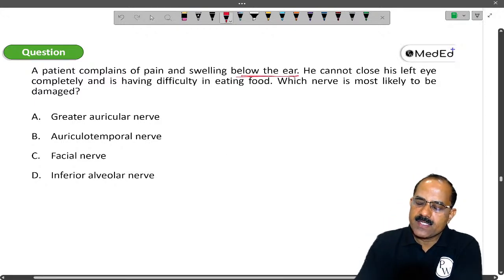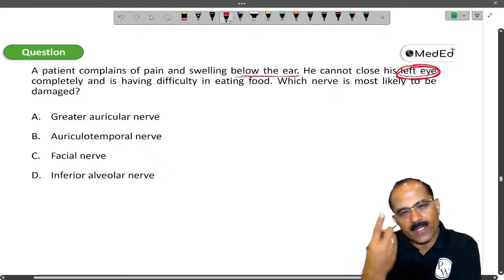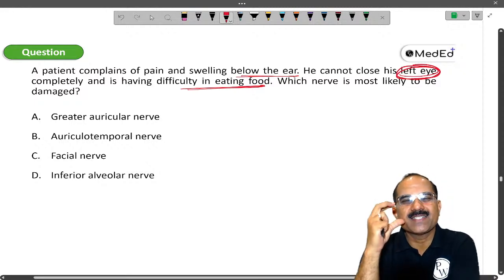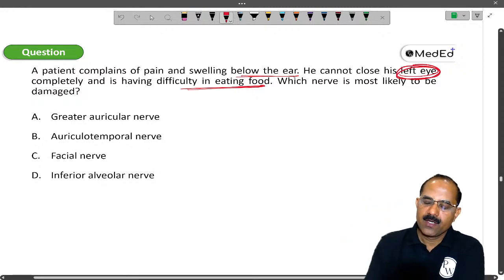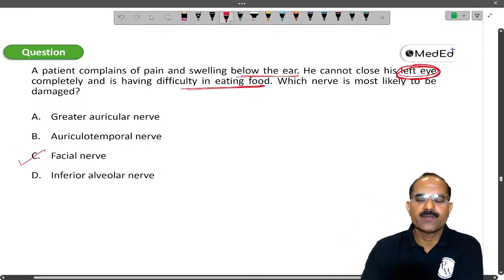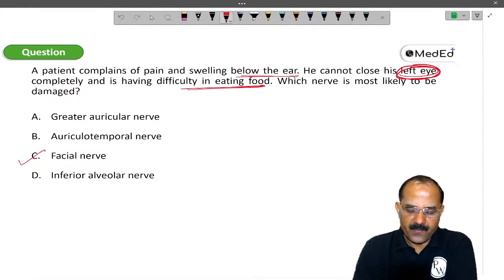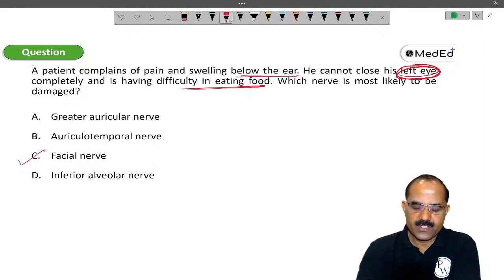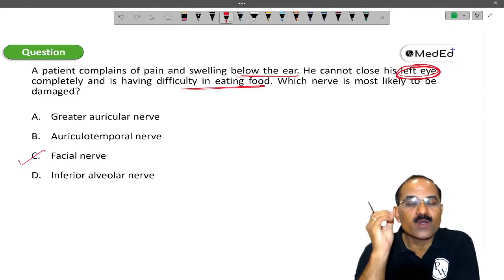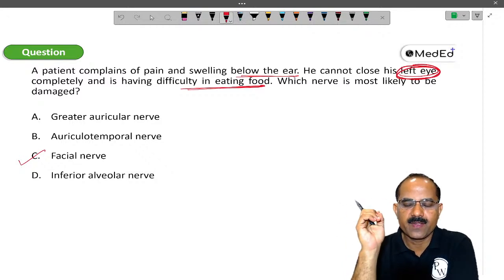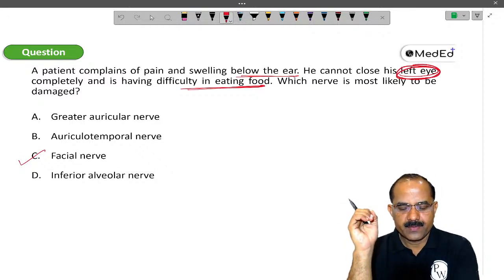He cannot close his left eye. So who is that? Ocular is paralyzed. Difficulty eating the food. Buccinator is gone. So which nerve? Answer is facial nerve. Greater auricular nerve supplies the skin. It's a cutaneous nerve. So answer for this is facial nerve. Clear to all of you?